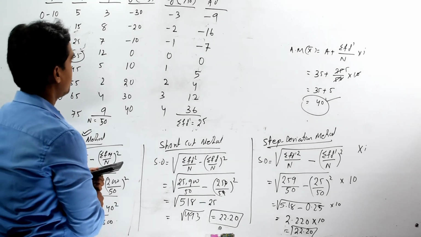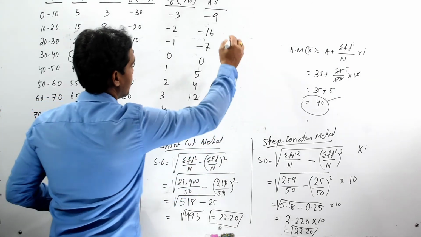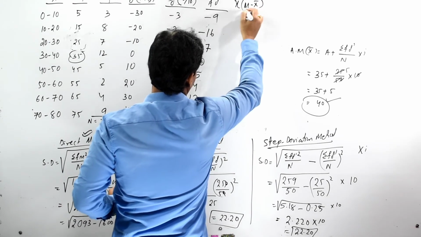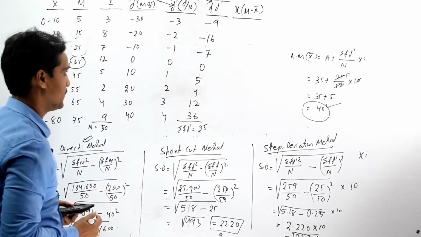Now for computing our standard deviation, find out small x, that is m minus x bar, or the arithmetic mean.